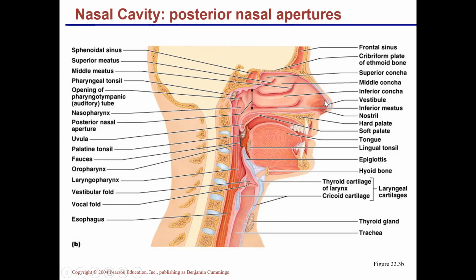The function of tonsils is to catch or detect any abnormal particles coming into your system. So when you inhale air, if there's any bacteria, pollen, or any particles which may trigger your immune responses, they can be detected by these tonsil structures.